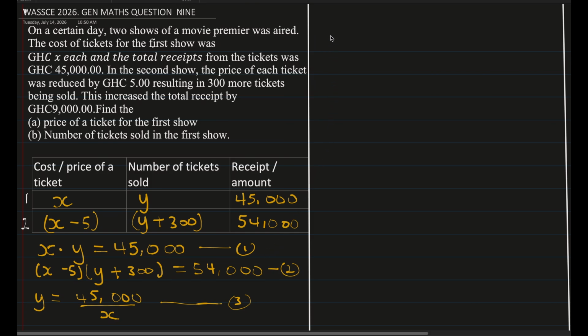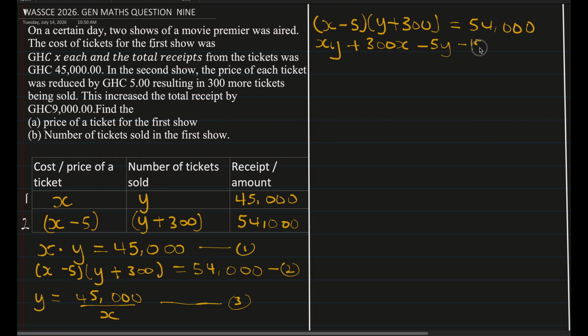All right, let's continue from here. Now, taking equation number 2, so let's expand equation number 2. So we have X minus 5 multiplying Y plus 300 is equal to 54,000. All right, now expanding it, we have XY plus 300X minus 5Y minus 1,500 is equal to 54,000.